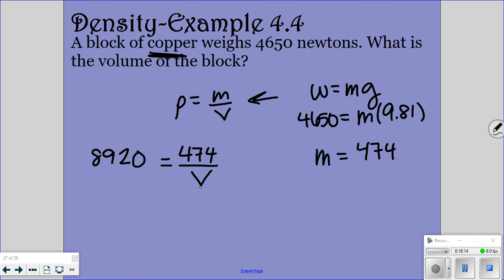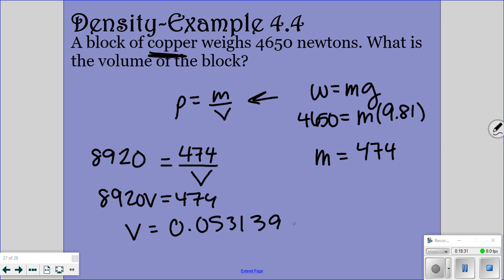Okay, so we're going to multiply by V. So we have 8,920 V equals 474. And then divide by 8,920. And you should get 0.0531369, etc. Now we need to look back. How many sig figs do we have in the only number they gave us?